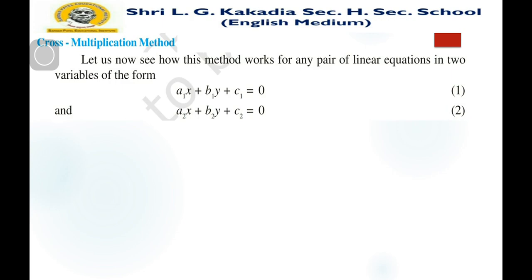It is the standard form of the first equation, and a2x plus b2y plus c2 is equal to 0 is the second equation.